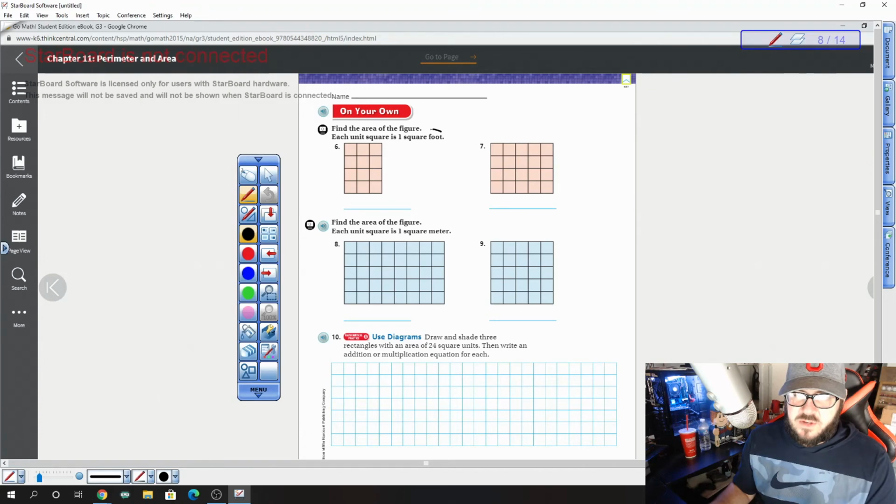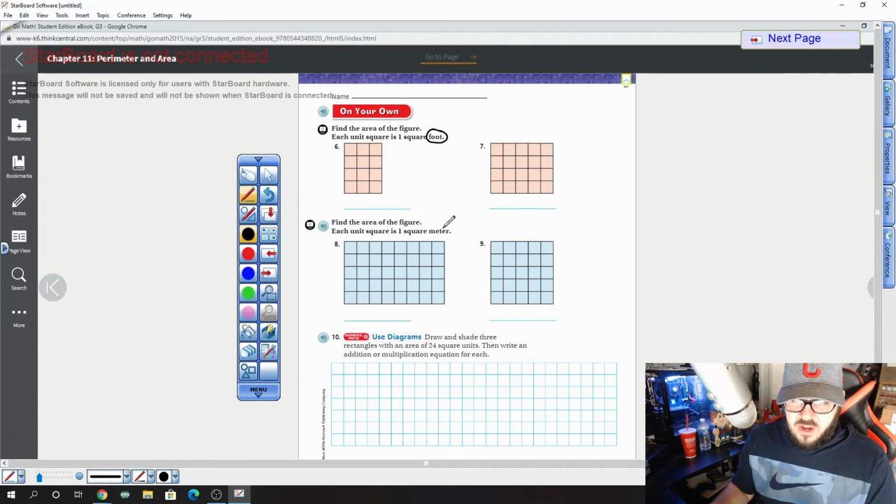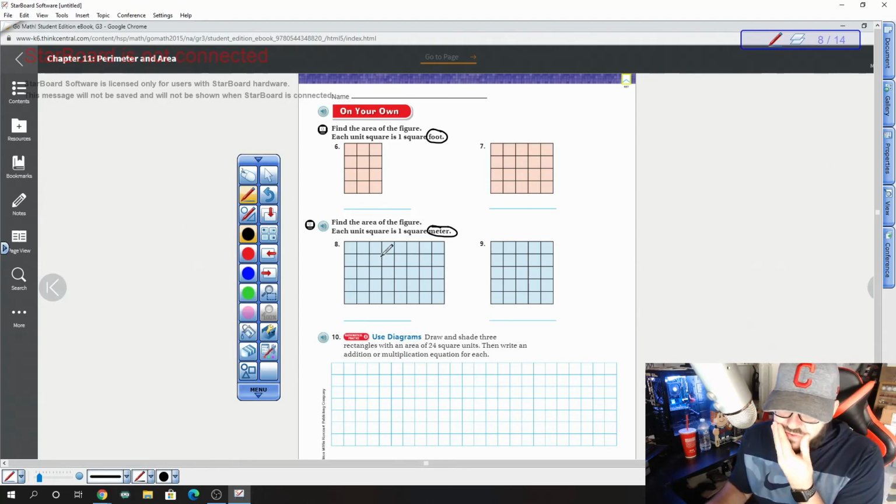Okay, the first one we're talking about feet. Each unit is 1 square foot, but we're going to be talking about feet. Okay, so you can use the way that I showed you to write feet squared, okay, or square feet. And numbers 8 and 9, I'm talking about meters, so you can use the way that I showed you to write meters.